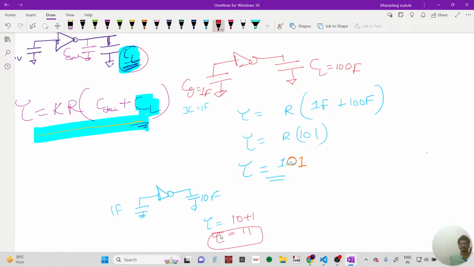Tau will be 11. So it's evident that delay depends a lot on the load cap. If the load cap is really high, tau will be really high.